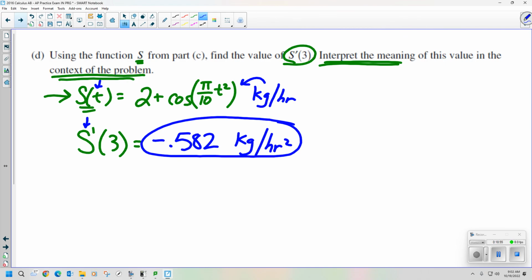I'm going to start off by saying that at 3 hours into the sell, meaning we're into the sell right at 3 hours, okay?